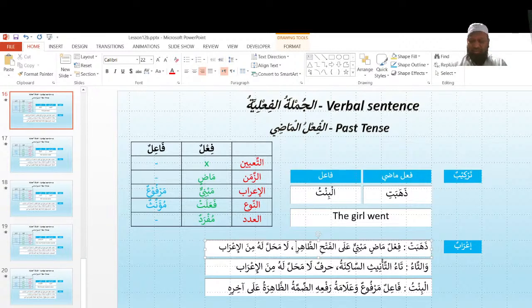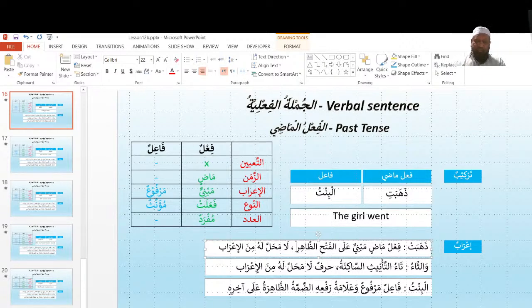The reason is sometimes this fatha will be muqaddar, will be assumed. So this is how we need to write الظاهر. This is the proper way to do the i'rab.